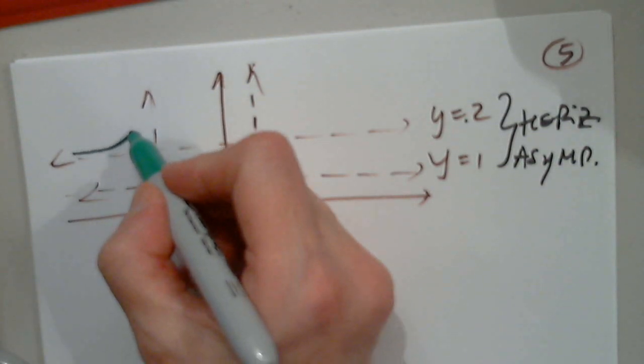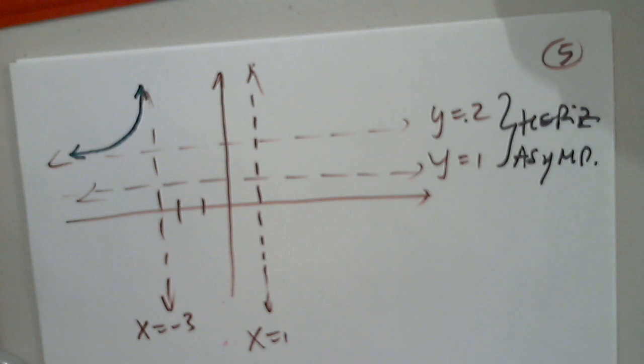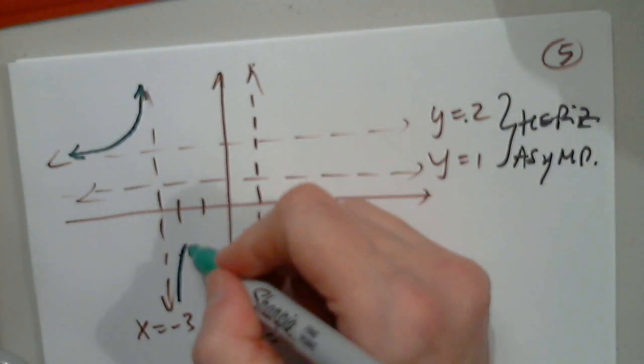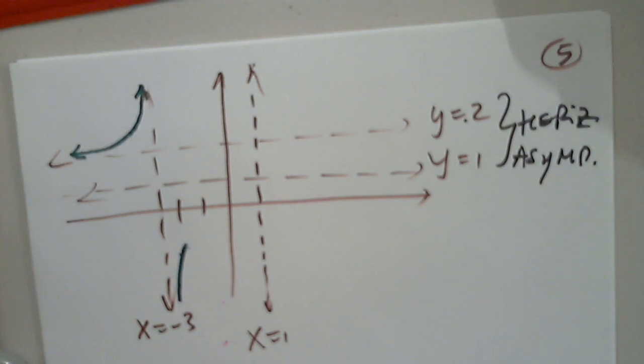On this side is this piece. In the middle, it goes from -infinity, crossing at 2, going to infinity. It was crossing. Let me just keep this on.